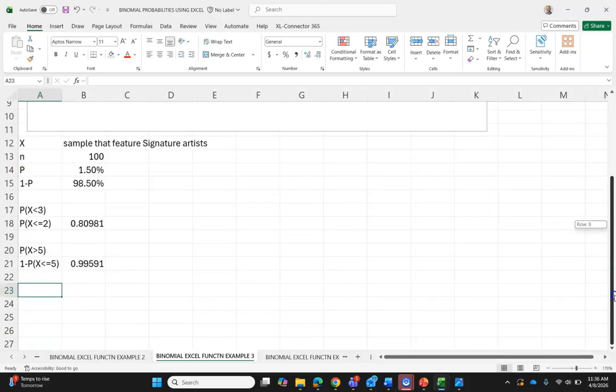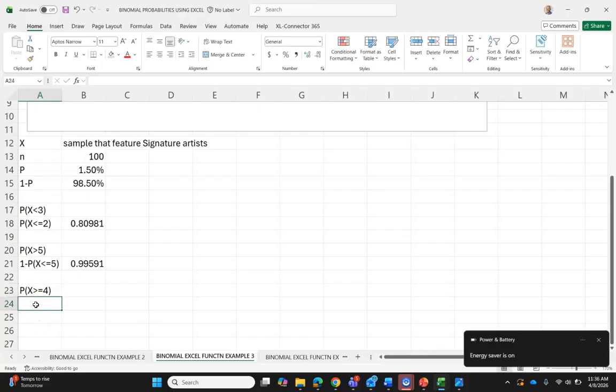Let's look at the next question, which says, what is the probability that at least 4 of the pages? So it is the probability of X such that X is greater than or equal to 4. That's the meaning of at least. But we cannot use binomial dist in this case.